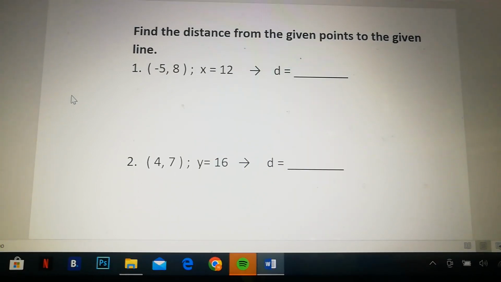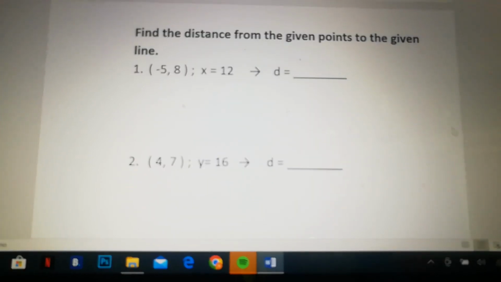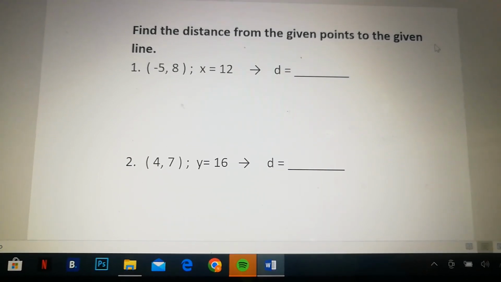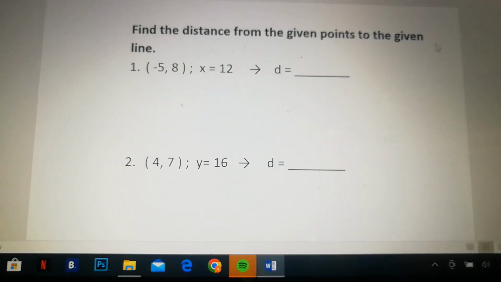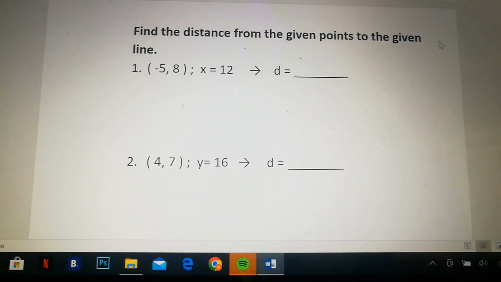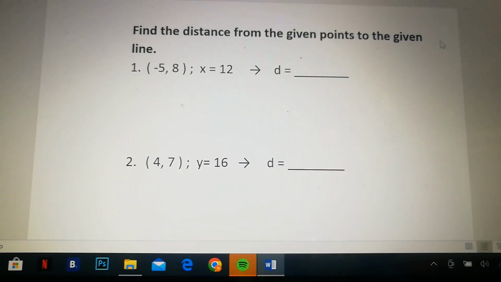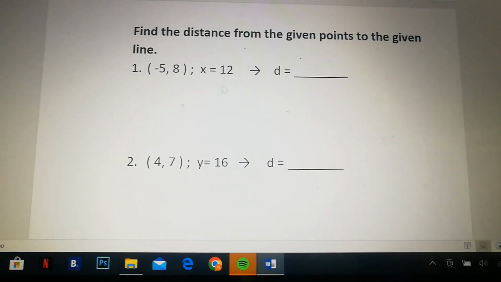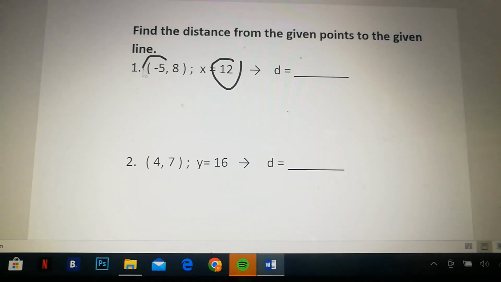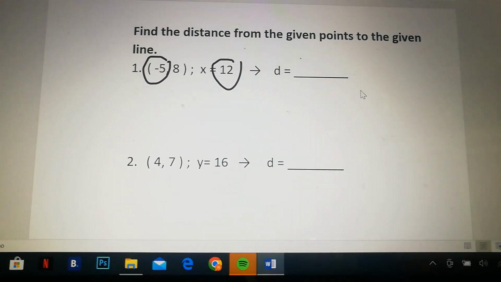So x equal to 12 is in the first and fourth quadrant, while negative 5, 8 is in the second quadrant. So the shortest distance is the difference between 12 and 5.